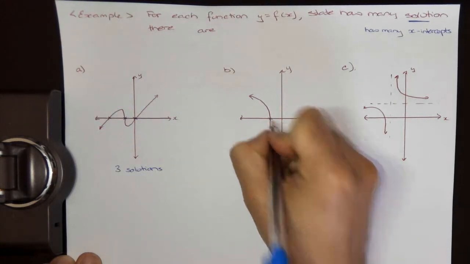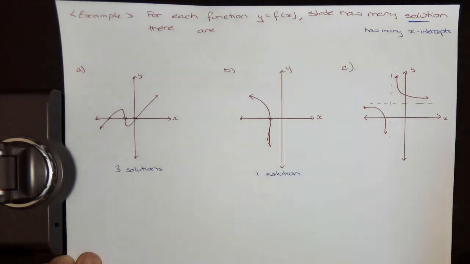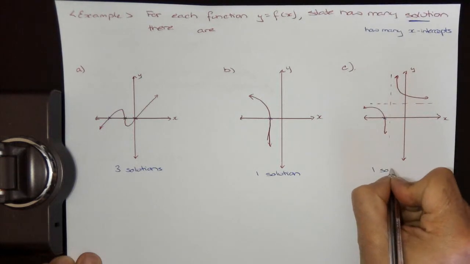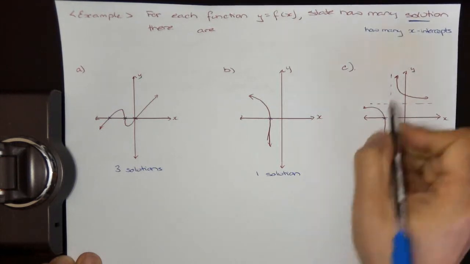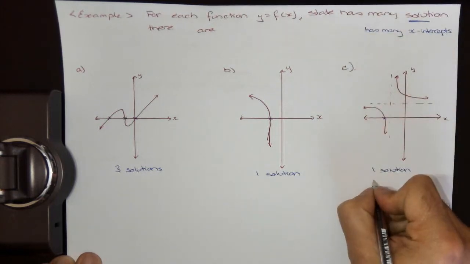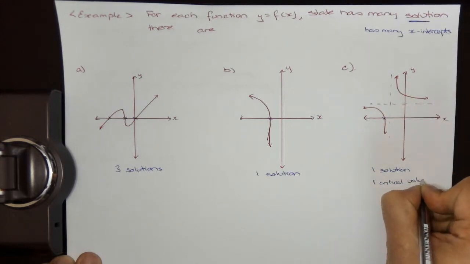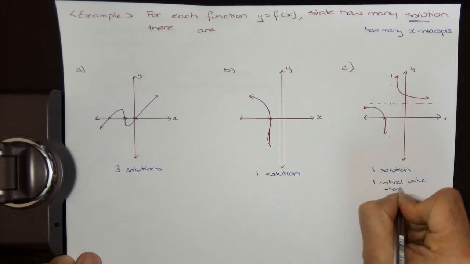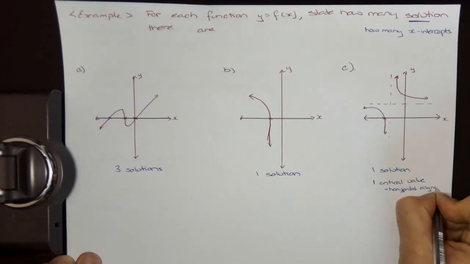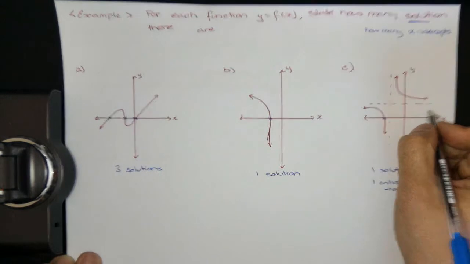Here I only have 1. And here I actually only have 1 as well. I do have 2 asymptotes, so I'm going to have 1 critical value, which is the horizontal asymptote, and I will also have 1 vertical asymptote, sorry.